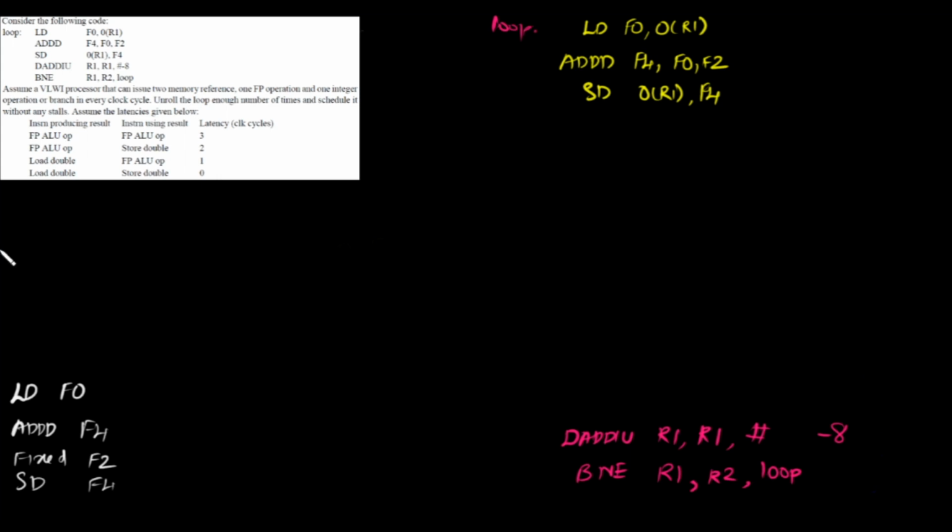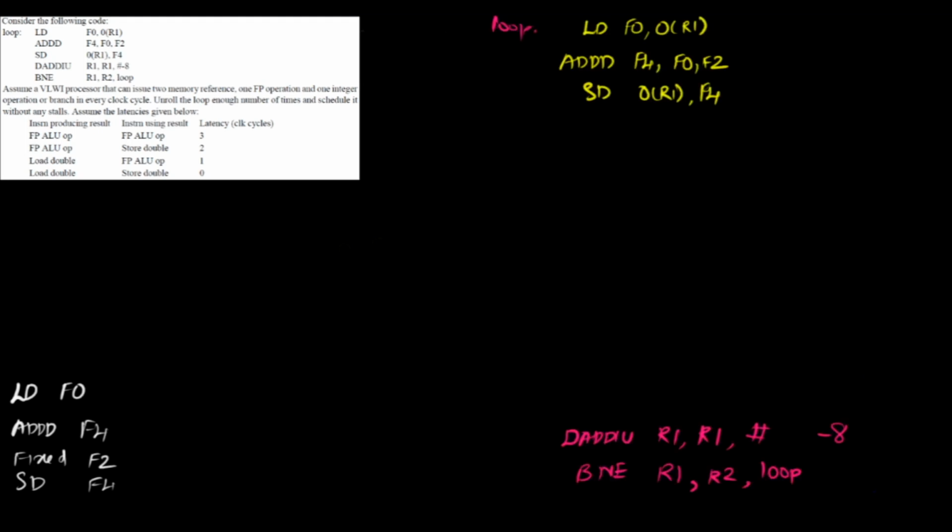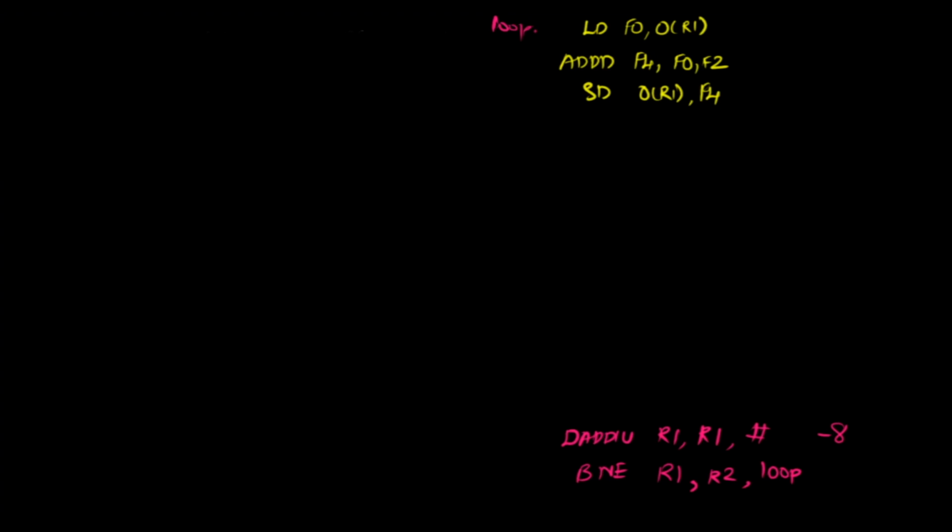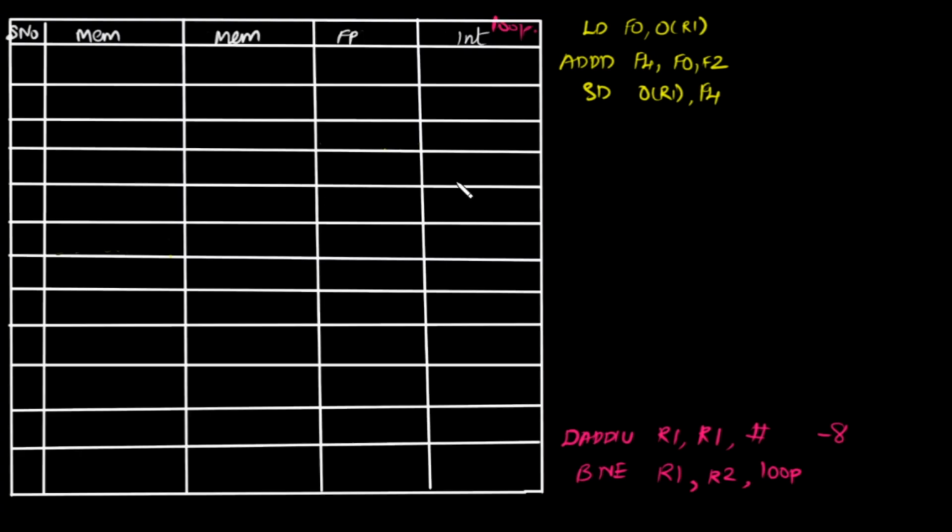So now we don't know how many times we have to unroll. So for the first time, we will just blindly fill this particular unroll into our VLIW slots, so that we can figure out how many times we have to unroll by looking at how many slots are not filled. So the first time we will fill the slots now.